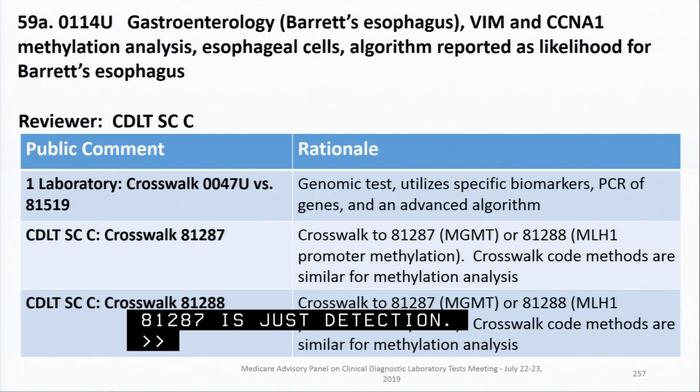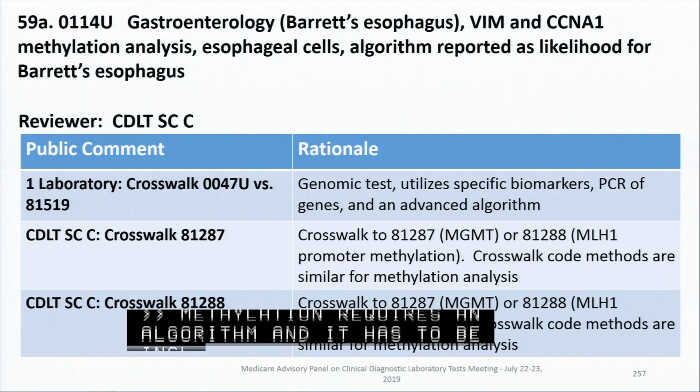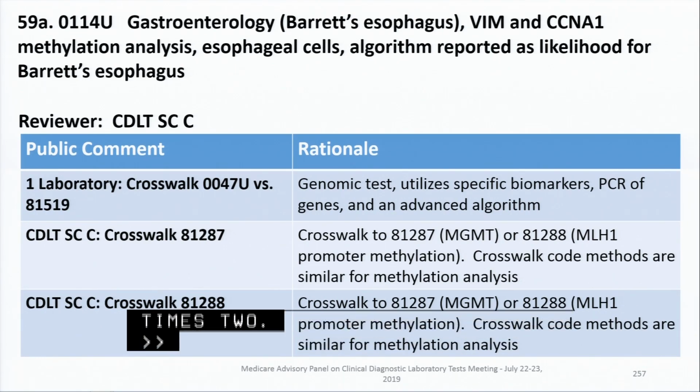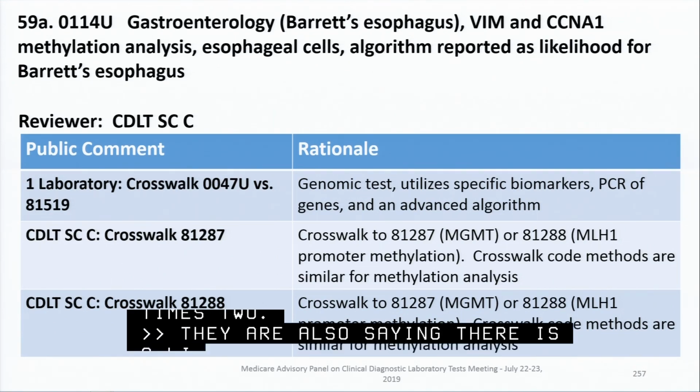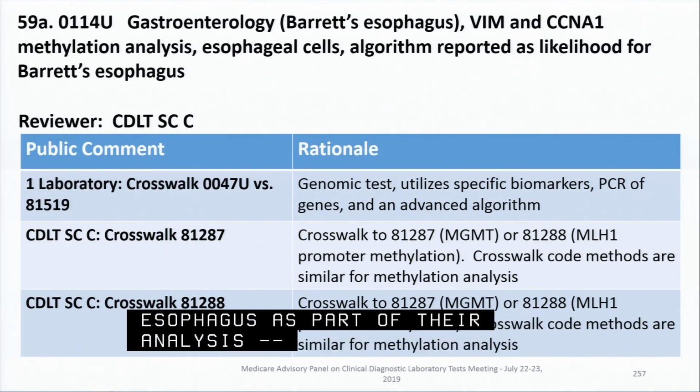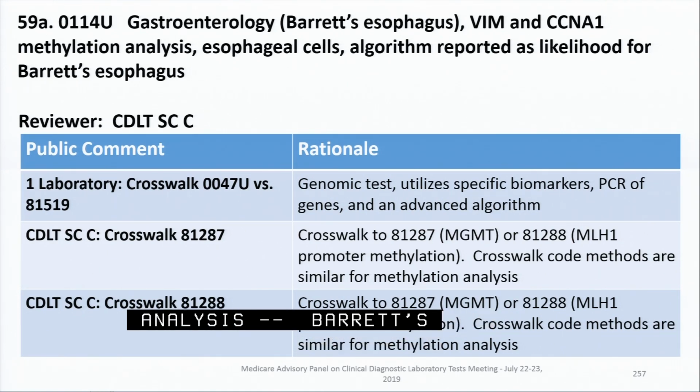But I agree it has to be times 2 for the 2 targets. Yeah, I mean, understanding the methylation piece, yes, but they're also saying that there's a likelihood for Barrett's esophagus. It's a part of their analysis. So if that changes, you're thinking about this at all, whether gap fill would be a better option for this.